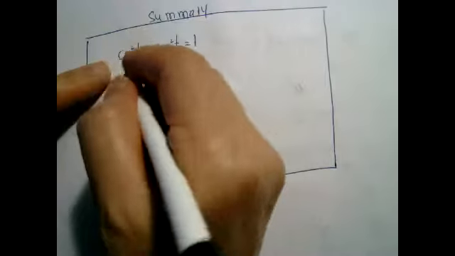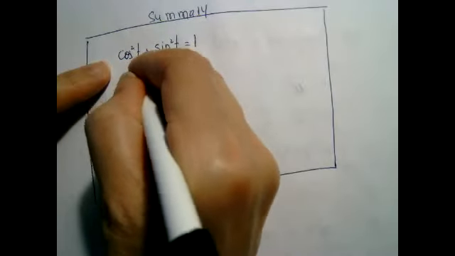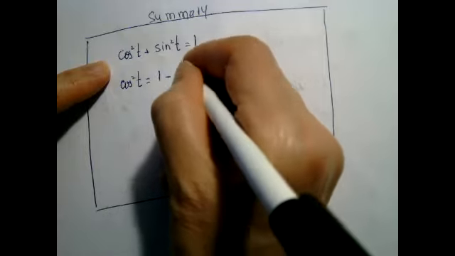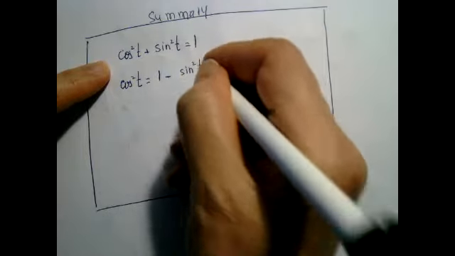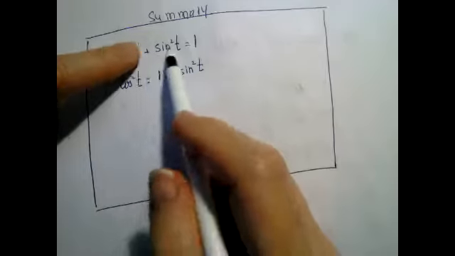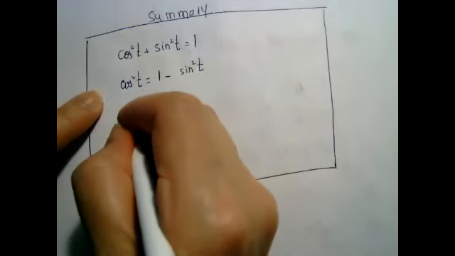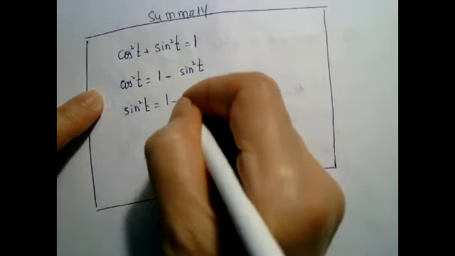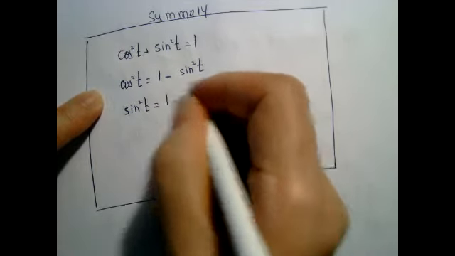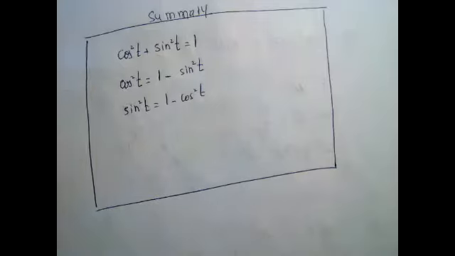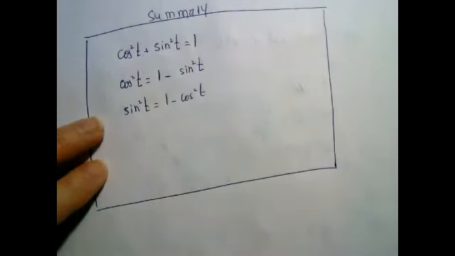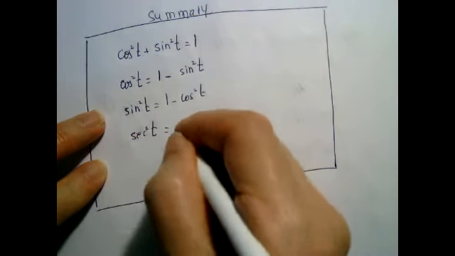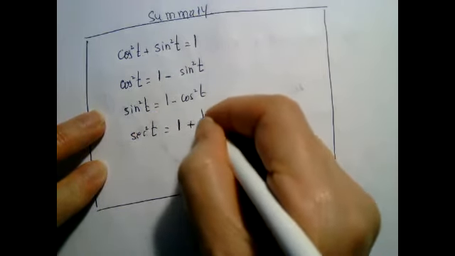From this identity, I can deduce that the cosine squared is always 1 minus the sine squared. I just solved for cosine. From this one, I can deduce that the sine squared is 1 minus the cosine squared. All of those I can deduce from this one. Now, the other identity we saw is that the secant squared is always 1 plus the tangent squared.